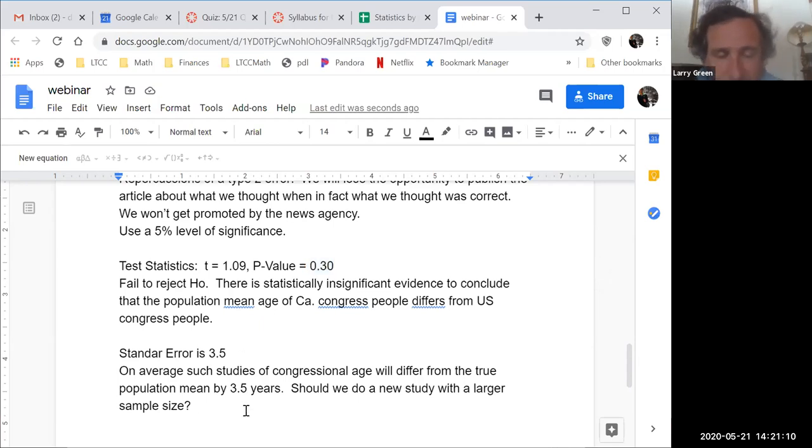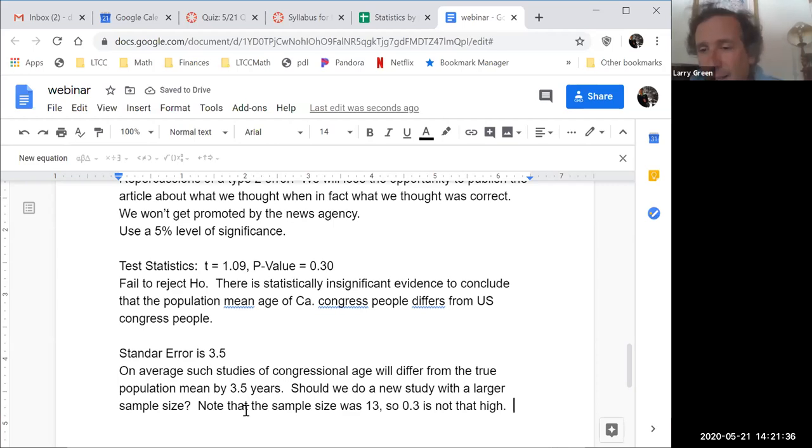So note that the sample size was 13. So 0.3 is not that high, which means it's still a little hopeful that we might be right. Whereas if you got 0.98, it's hopeless.